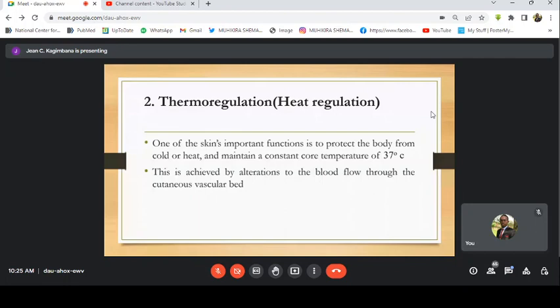Now, this is achieved by filtration of the blood flow through the cutaneous vascular bed. The role is played by the vascularization, which is complex in the dermis.